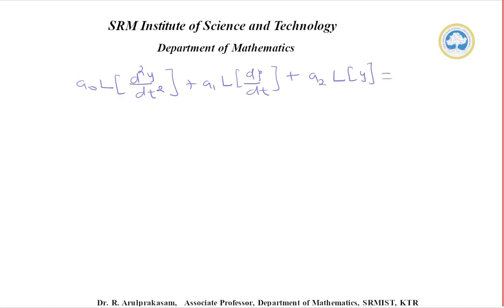By the linearity property, what I get is a0 L of d square y divided by dt square plus a1 L of dy divided by dt plus a2 L of y equal to L of q of t.